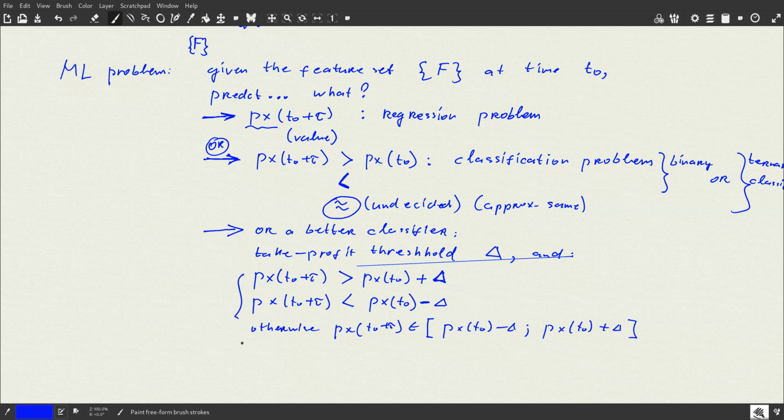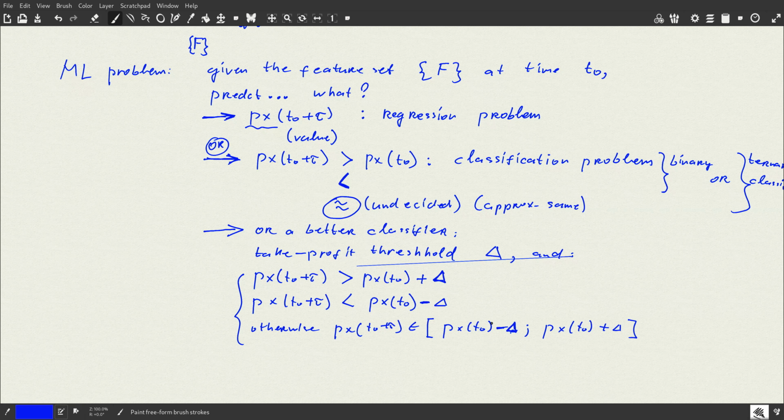So again, three cases, but we're interested not in just greater than, less than, or undecided, but you are interested in greater than by delta at least, less than by delta at least, or unchanged within the delta precision. This makes much more sense.